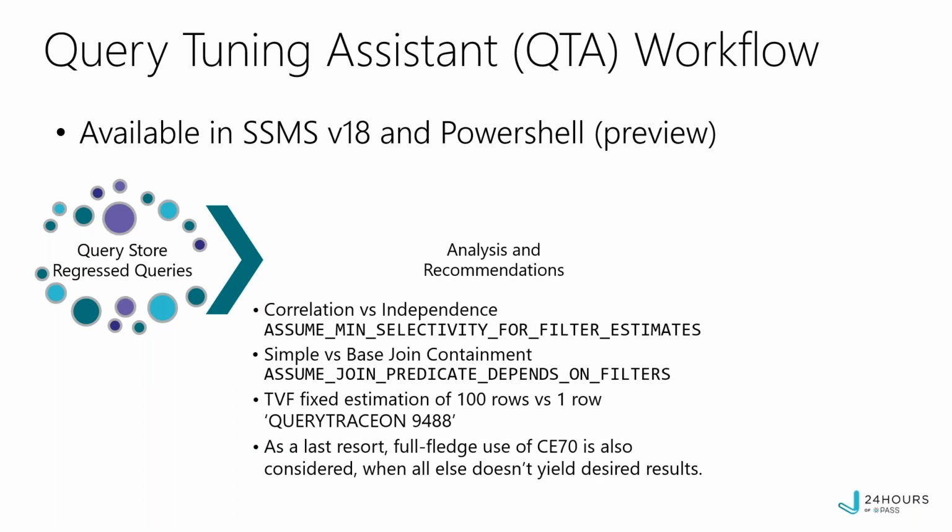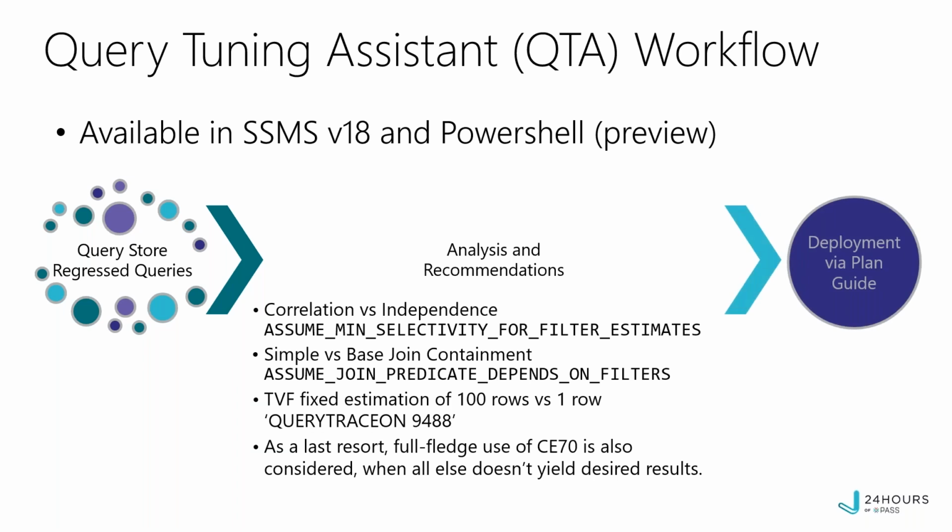And if none of those work, as a last resort, yes, we'll still try the previous cardinality estimation model. But the point is, on the other side, you'll come out of the tool by deploying plan guides from queries that work and have been tested, and actually will provide you a better way out for your performance issues.